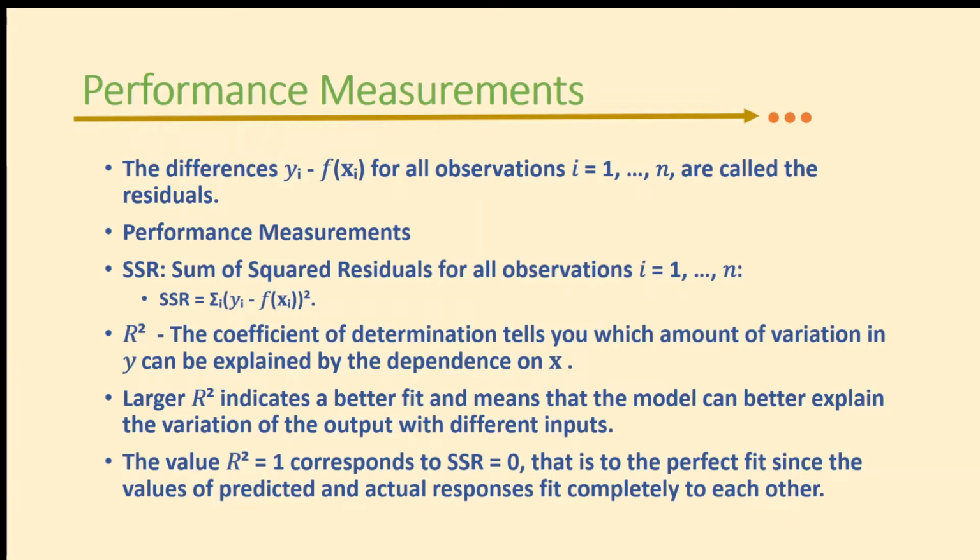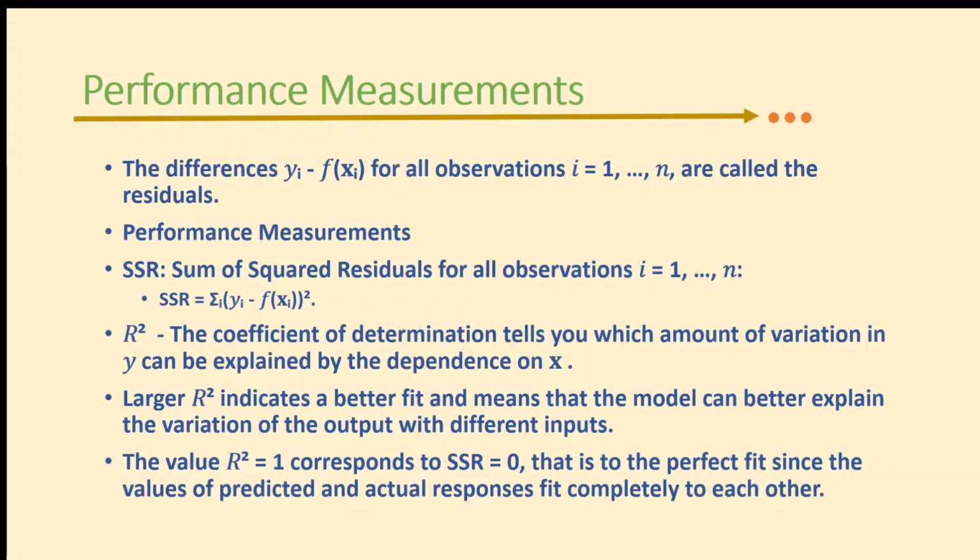Now every squared residual has a positive value. Then one of the measurements is called SSR, that is, the sum of squared residuals. Once the residuals are squared for every observation, these squared residuals can be summed up to find the SSR. SSR is nothing but the sum of squared residuals, and the aim of our linear regression should be to minimize this SSR value.